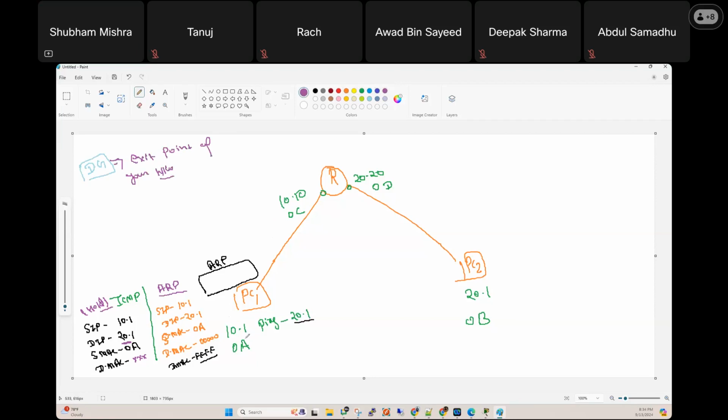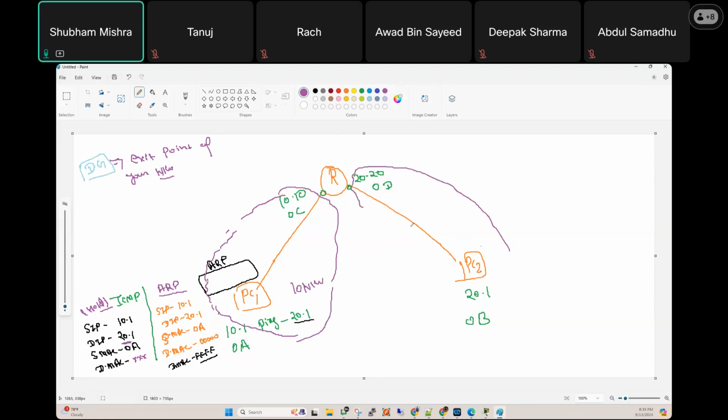Try to understand. Here I assign which IP address, guys? 10.1. Here I assign which IP address? 10.10. It means this area is called which network? 10 network, yes. And this one is called which network? 20 network.